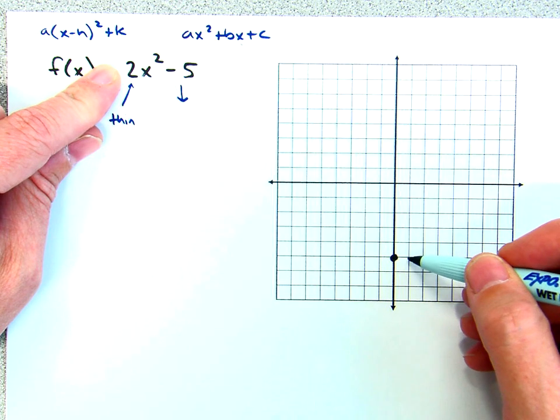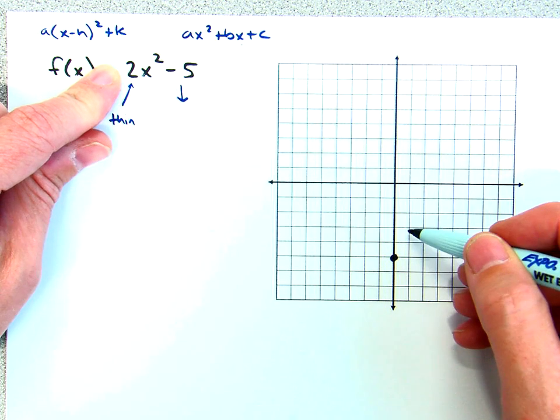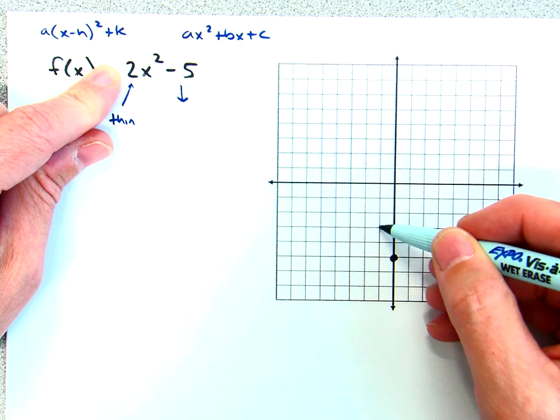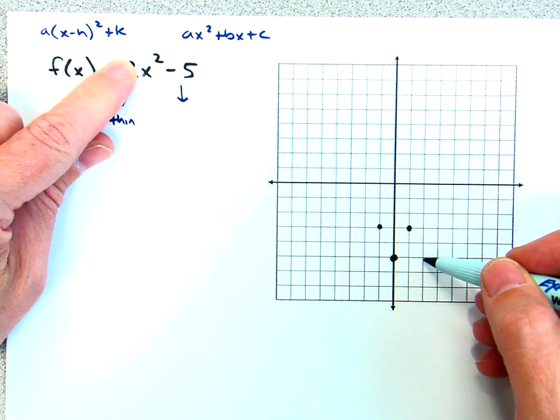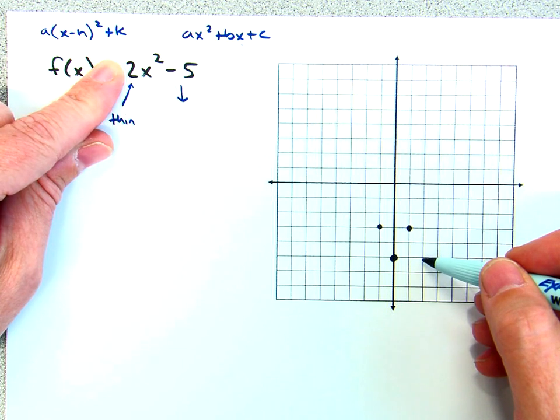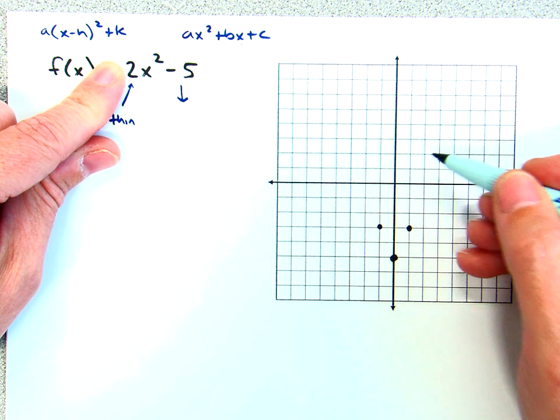So if I go out 1, I would normally go up 1, but I'm going to go twice as much as that, so I'm going to go up 2. Normally from the vertex, if I go out 2, we know that I'd go up 4, right? But I'm going to go up twice as much. So twice as much as 4 is 8. So 1, 2, 3, 4, 5, 6, 7, 8.